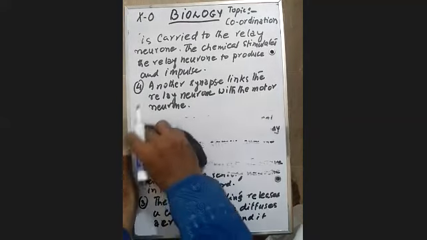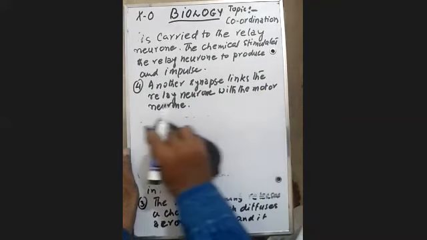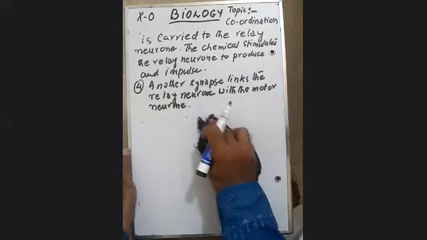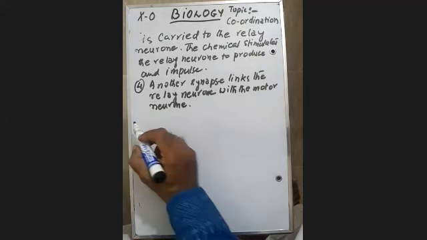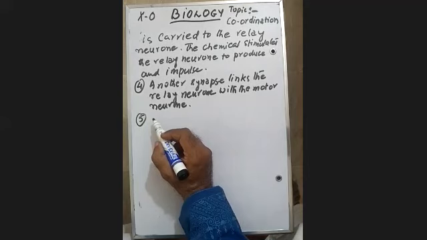This relay neuron is linked with another neuron via the synapses, and that is called the motor neuron. The motor neuron carries the impulse.